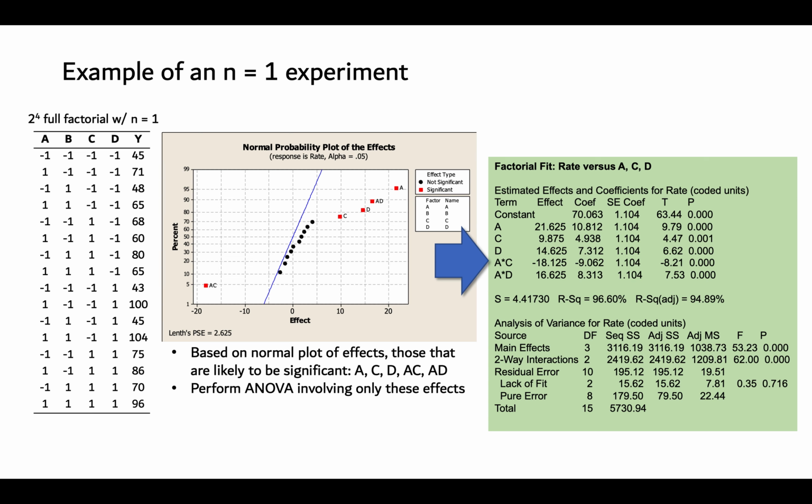In this example, we have a normal probability plot. Based on this plot, we can conclude that the effects significant to the model are A, C, D, AD, and AC. Other effects here are not significant to the model.